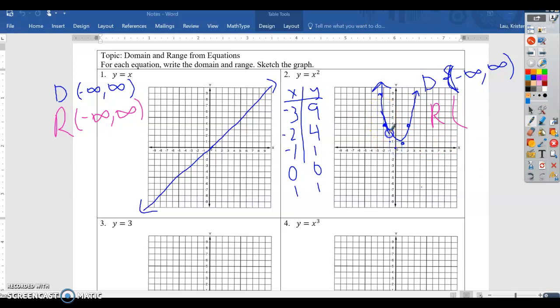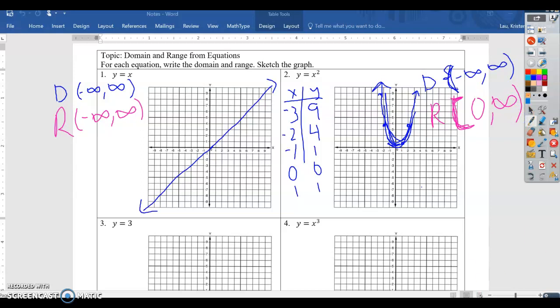Sorry, it's getting worse and worse every time. So my range, the bottom of my graph is down here, so that's 0, and it's included, so that's a closed bracket, to positive infinity.